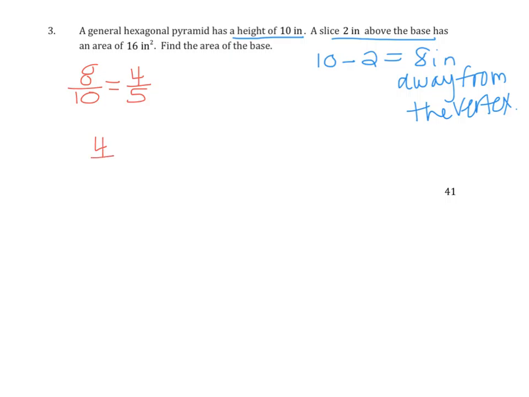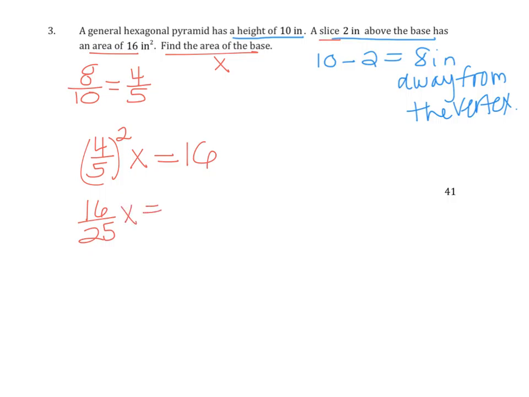And I take the scale factor 4/5 and I square it. I'm going to be multiplying it to x, which is the area of the base, and I'm going to set that equal to the area of the slice. And then I solve. So 16/25 x is equal to 16.